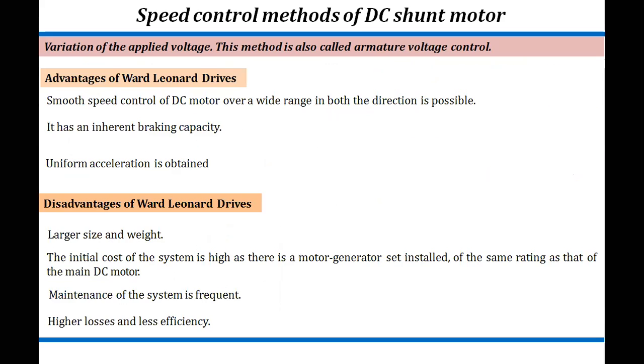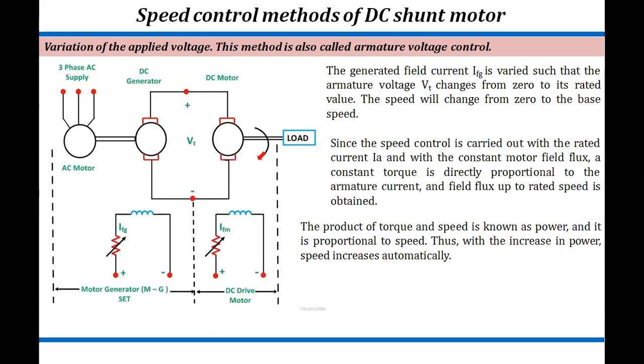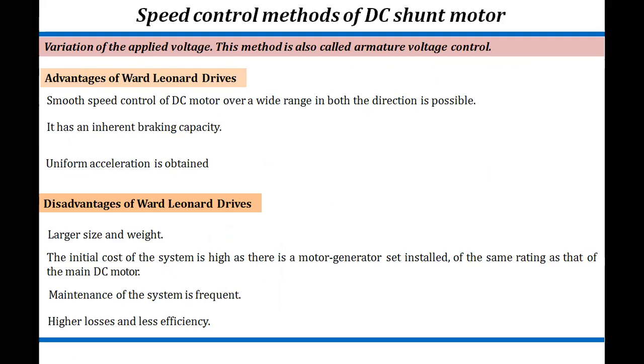There are some advantages of variation of applied voltage. We call this method the Ward-Leonard drive. It has inherent braking capacity, uniform acceleration is obtained, and smooth speed control of the DC shunt motor over a wide range. And it has a very large size, so its weight is also larger.